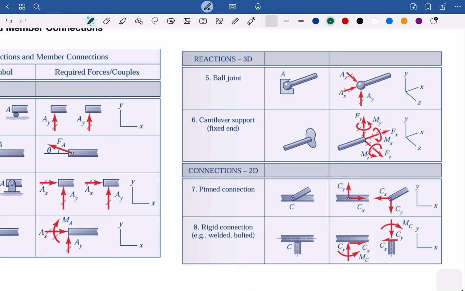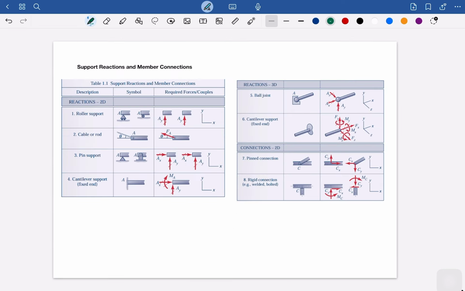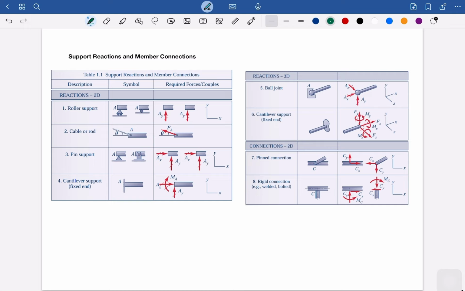Okay, so that's okay. That's okay. But when you practice along the way, you will know which one is going up, which one is going down, because you will be familiar with the condition. Okay, so there are some examples for the support reaction and member connections.